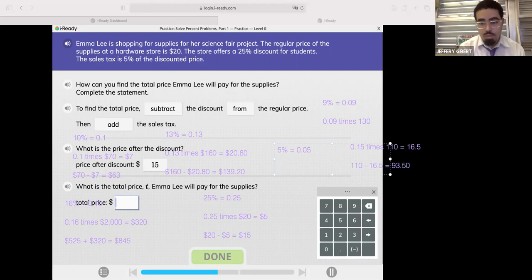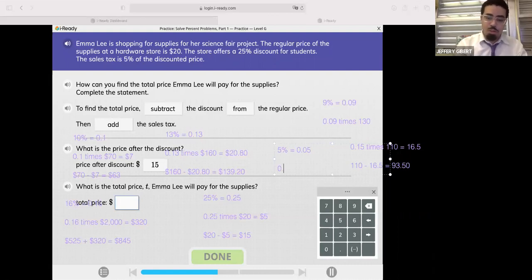Multiplying by what? Whenever you want a percent of something, you multiply by 15. That's correct. Because whenever you want a percent of something, you multiply whatever that something is by the percent.